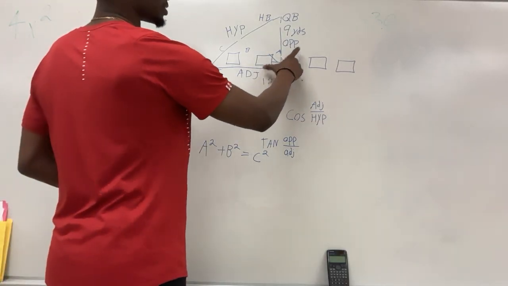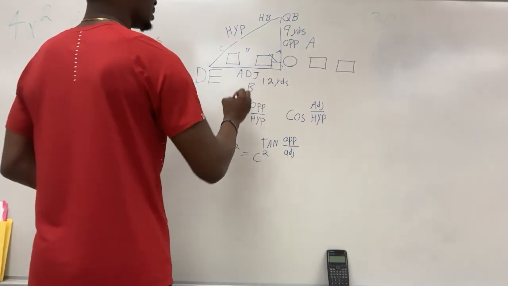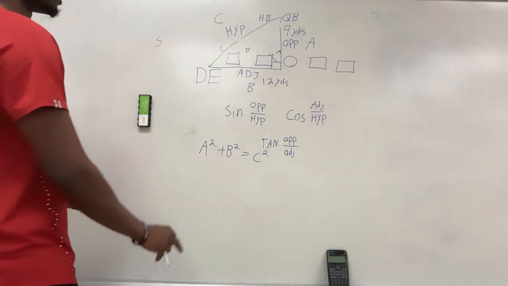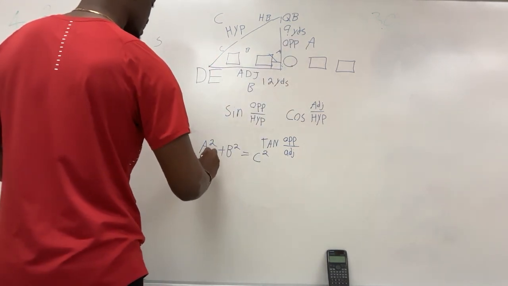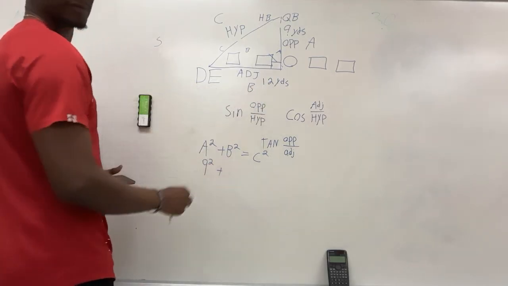You can say these two are interchangeable. I could call this A, B, but my hypotenuse is always going to be C. So let's go 9 for A and make this 9 squared, 12 here for B.